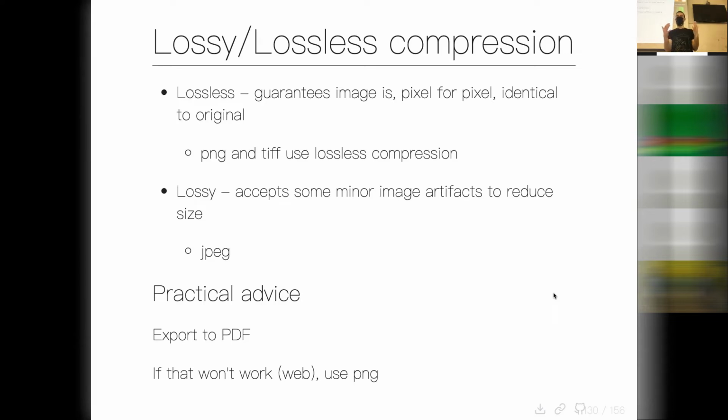So if you're using it for the web, then use PNG, okay? And PNG is a lossless compression. If for some reason that won't work, like the file size is still gigantic, then go to JPEG. So that's like your last line of resort, okay?